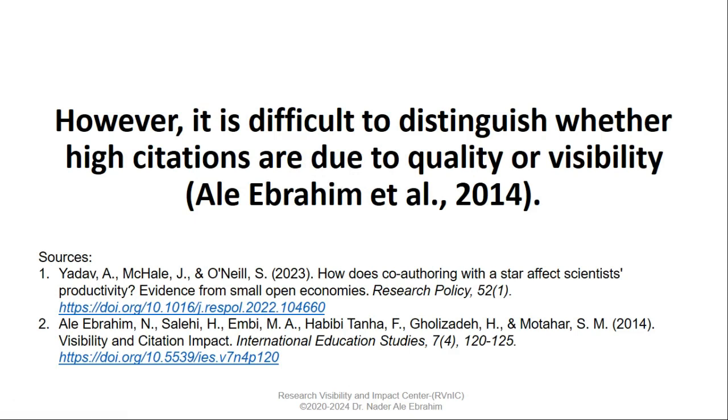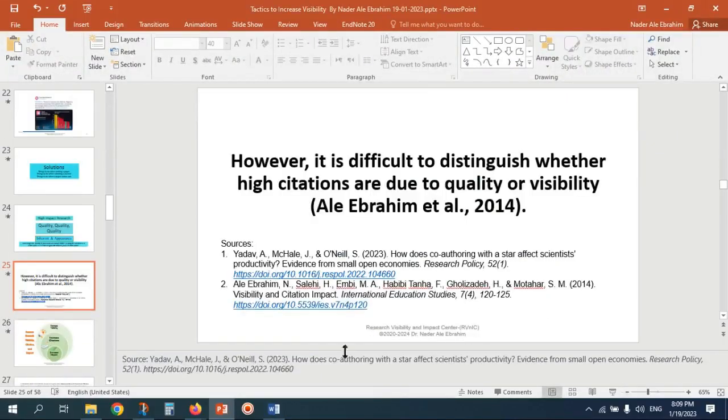From my point of view, paper visibility is much more important than quality, unless you publish a very, very high quality paper, for instance, you get the Nobel Prize, or something very distinguished, and everybody knows you as a very high researcher, and they refer to your paper. But most of us do not produce a very high quality paper. We produce a middle level, so we need to improve the visibility to increase the citation and impact.